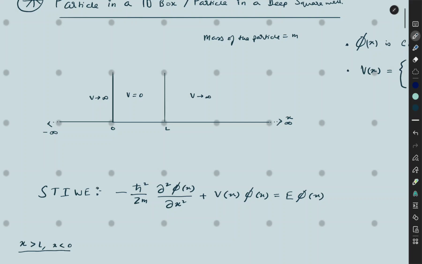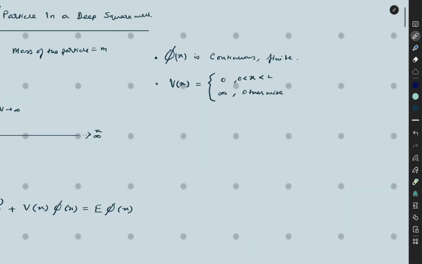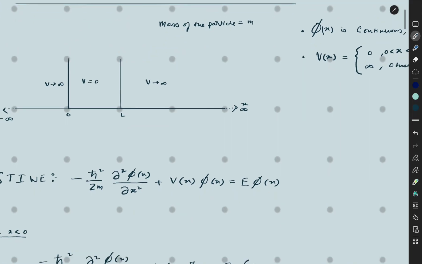Now if we go deeper, we can see that the wave function needs to be continuous and finite. So the wave function in this area, that is x greater than L and x less than 0, is 0. If we see the limiting value from this side, it is becoming 0.